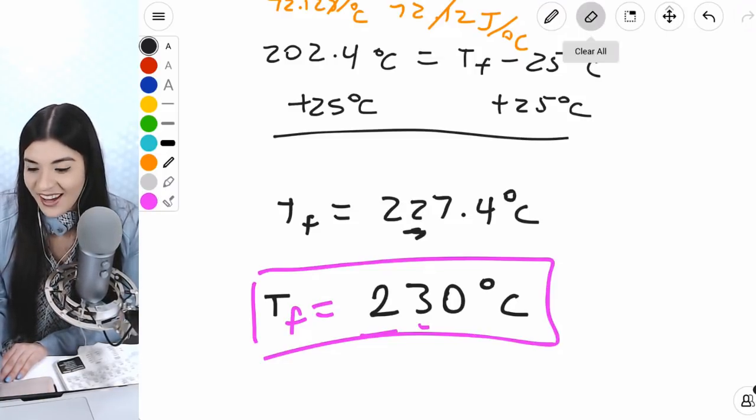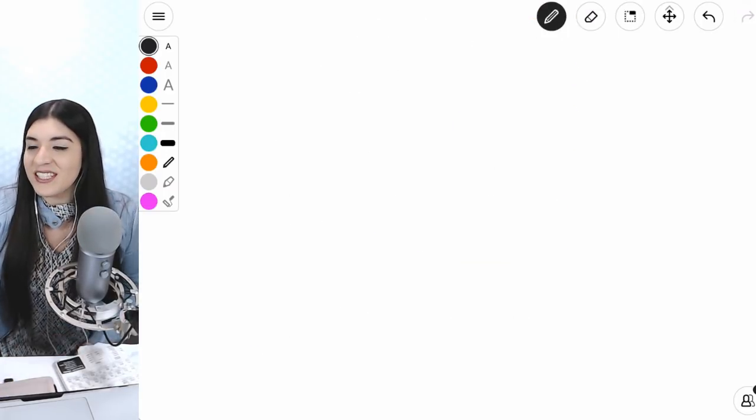This is the question I was thinking of. So, more calorimetry questions.